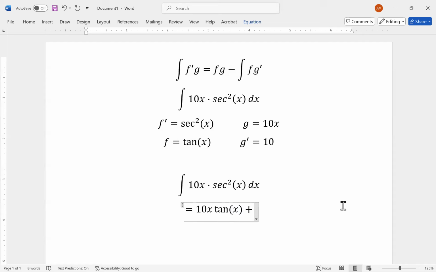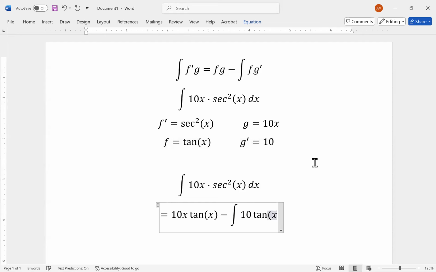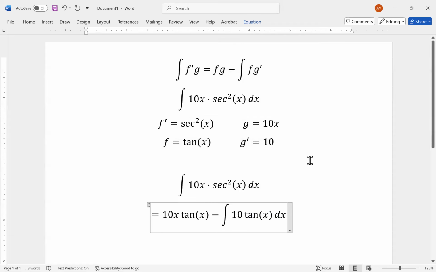And then I'm going to subtract the integration of g prime, which is 10, multiplied times f, which is tangent. So 10 times tangent of x dx. So that's what we get.